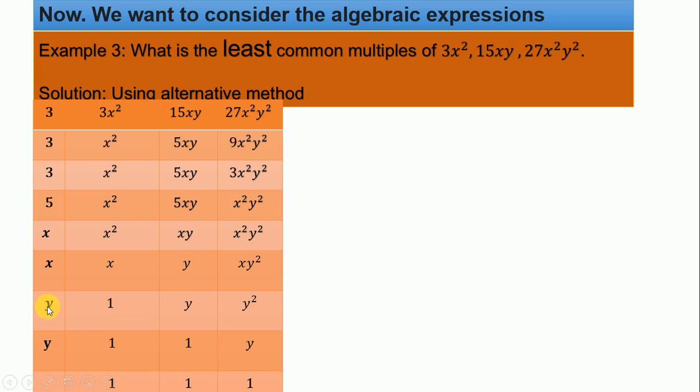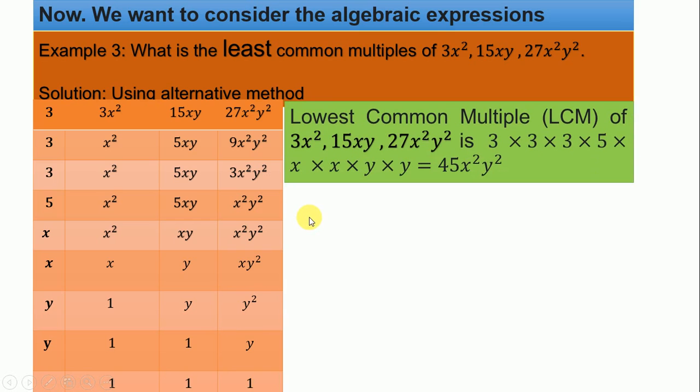So the next thing you can use now is y. y in 1, 1, y in y, 1, so y in y squared will give you y. So the last pair we have y in 1, that's 1, y in 1, we have 1, y in y, we have 1.